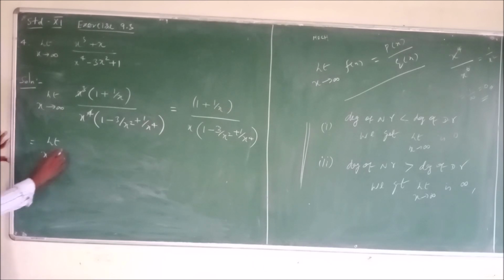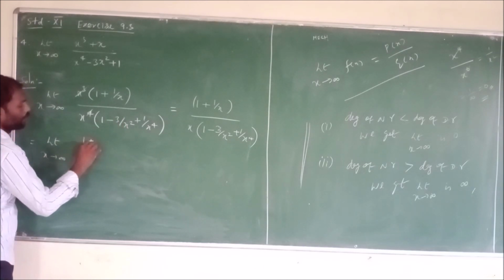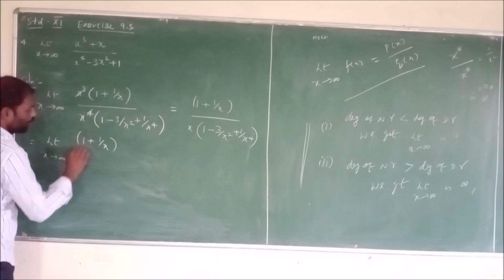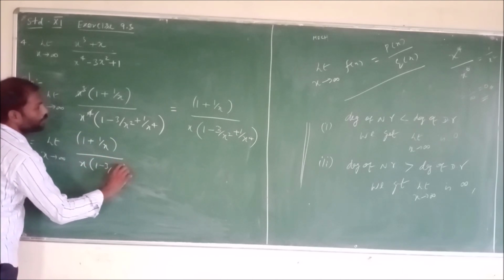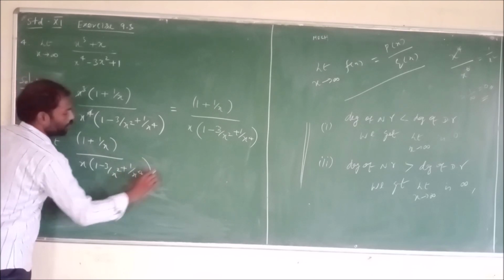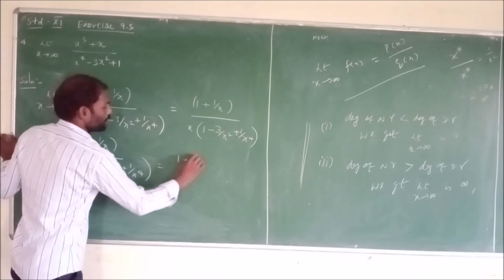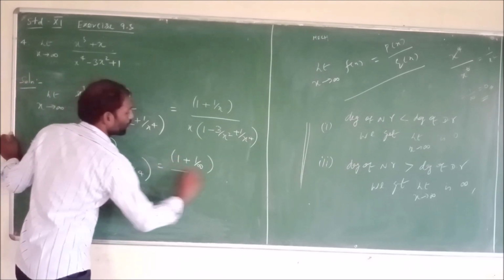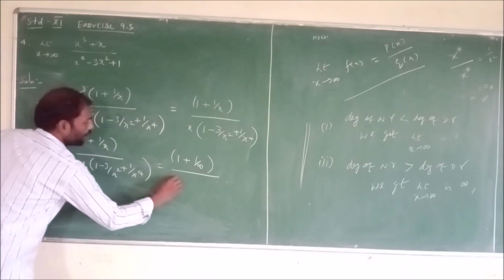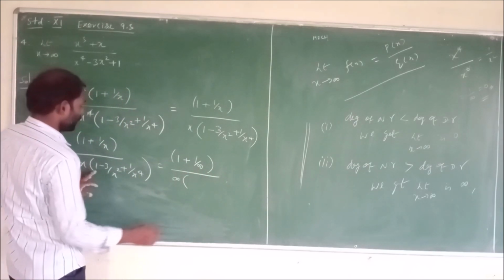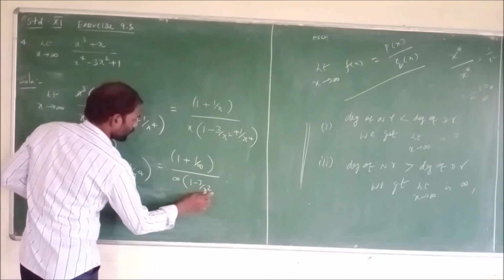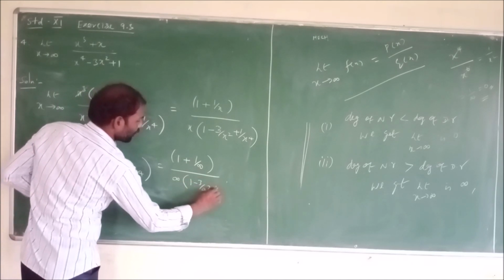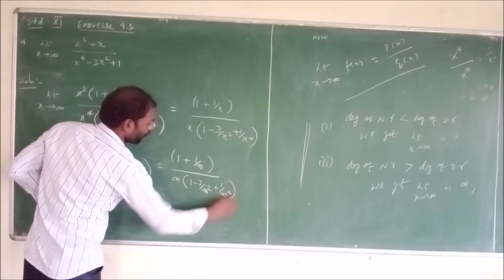Limit x tends to infinity of (1 plus 1 by x) divided by x into (1 minus 3 by x square plus 1 by x power 4) equals (1 plus 1 by infinity) divided by infinity into (1 minus 3 by infinity square plus 1 by infinity power 4).